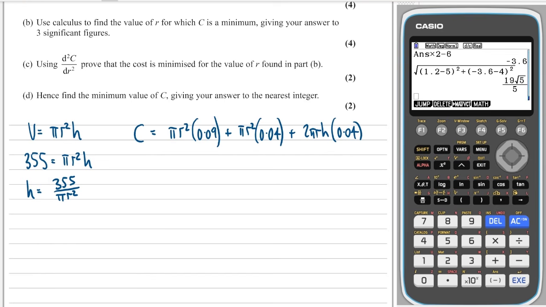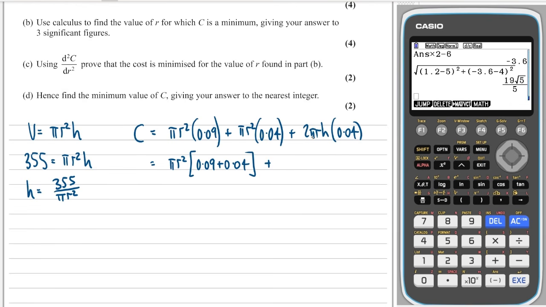Now what we can do is collect these two up. The first two terms have a factor of pi r squared. So it's pi r squared multiplied by 0.09 plus 0.04.